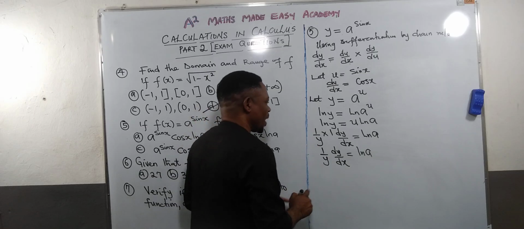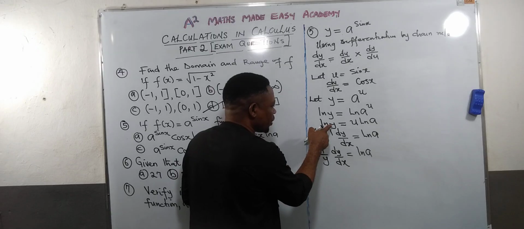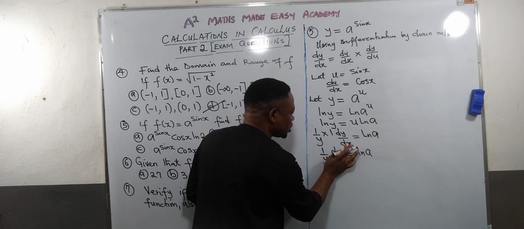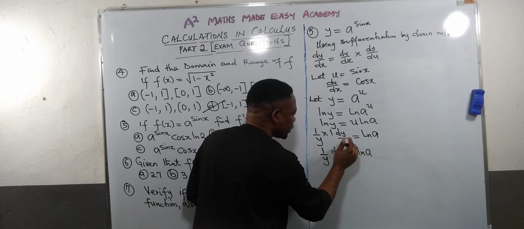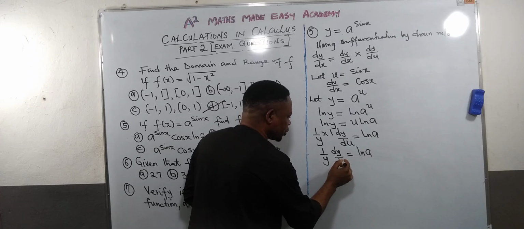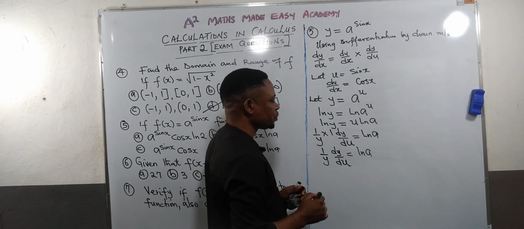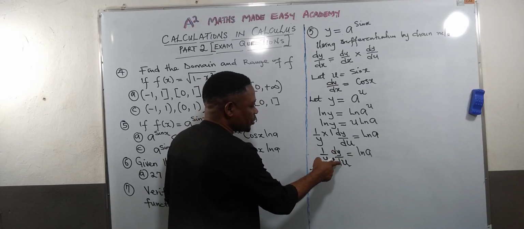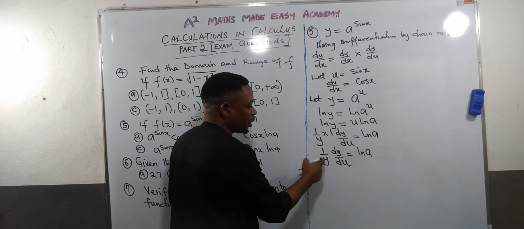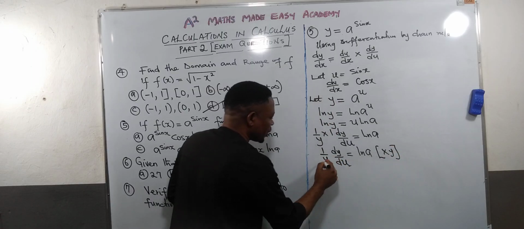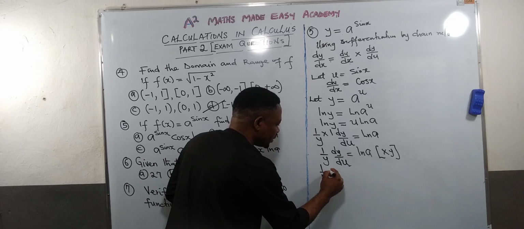But I want to take you back again. If you observe this, we are differentiating y with respect to u. So I beg your pardon, it is going to be dy over du. We have understood the analysis. My target is to make dy/du the subject of the formula. I will multiply both the left and the right by y, so that I can say 1 over y, then times y.